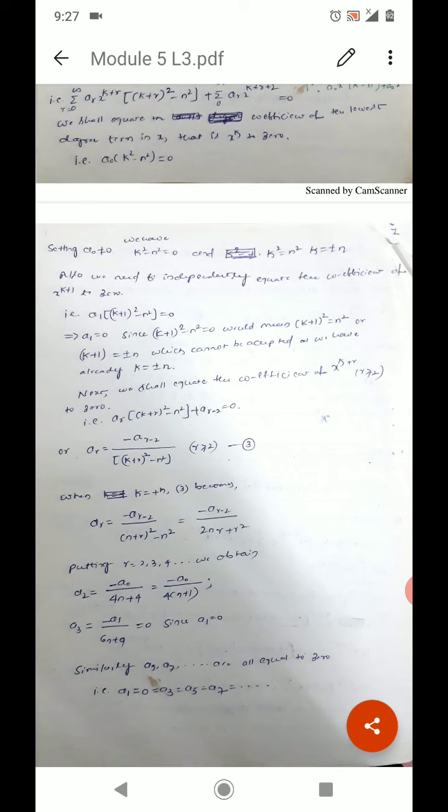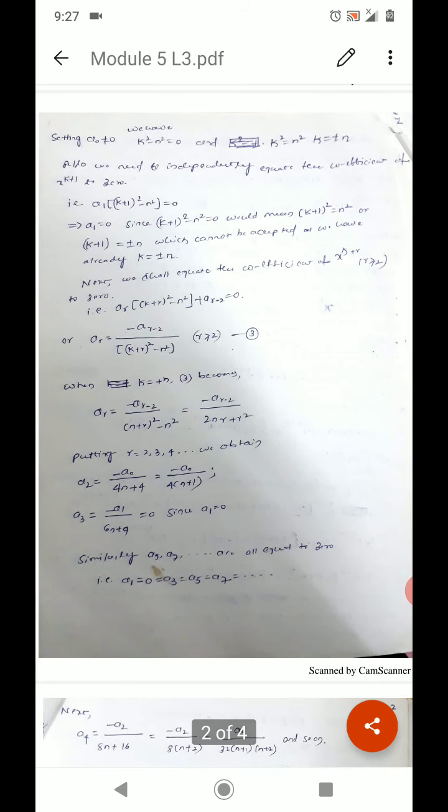So by solving this, we obtain ar is equal to minus a(r minus 2) divided by (k plus r) whole square minus n square, where r is greater than or equal to 2. So take this as equation 3.